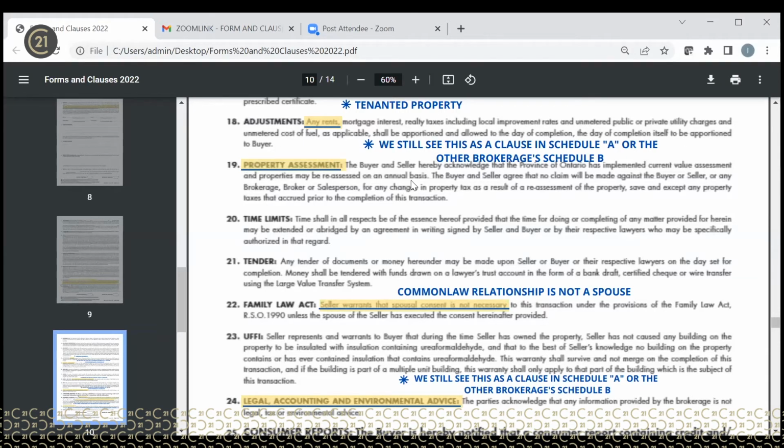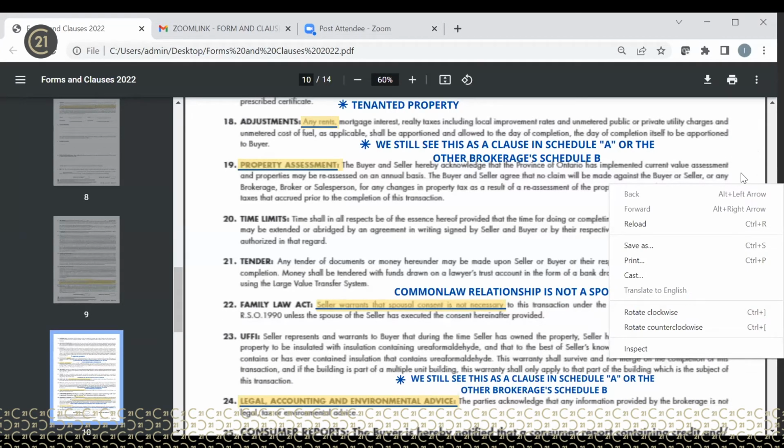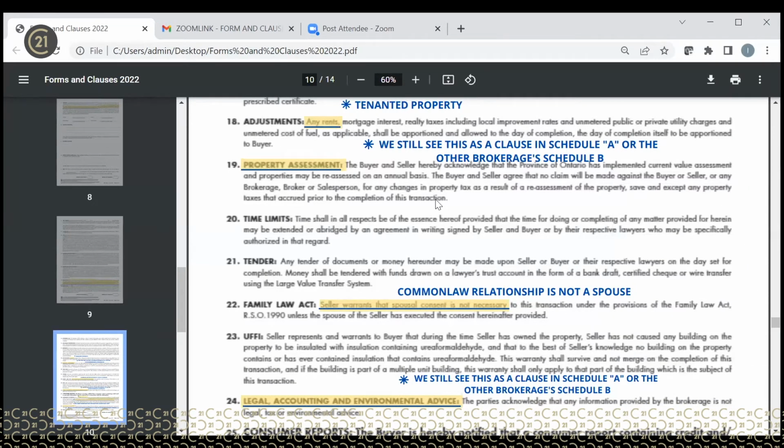The next one is property assessment. This is just to let you know that for several years now, the property assessment clause has been in the pre-printed clauses. Oftentimes we're seeing this in other brokerages' Schedule Bs, or agents will even put it in the Schedule A. Try not to have duplicate clauses in your agreement of purchase and sale.